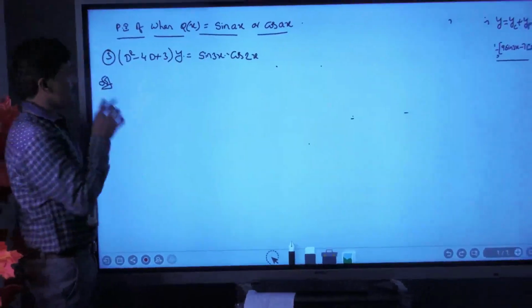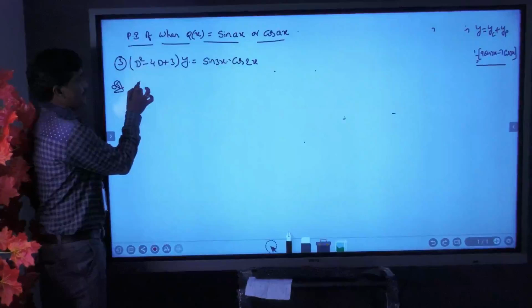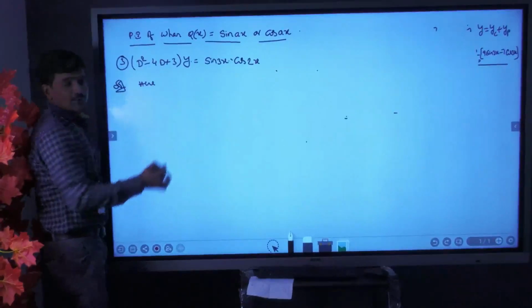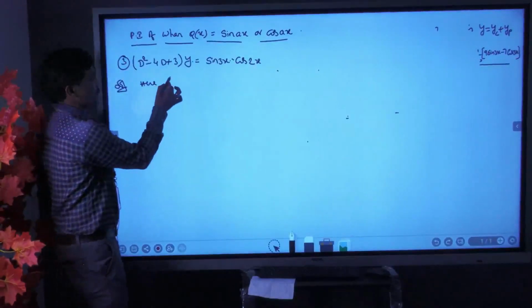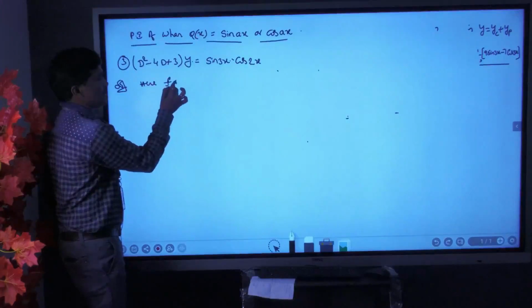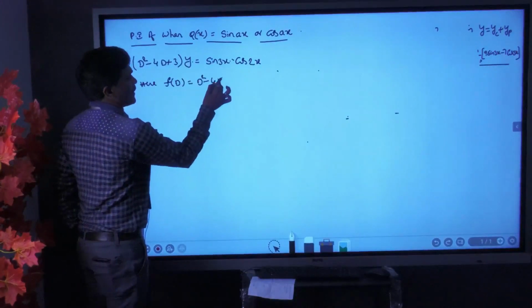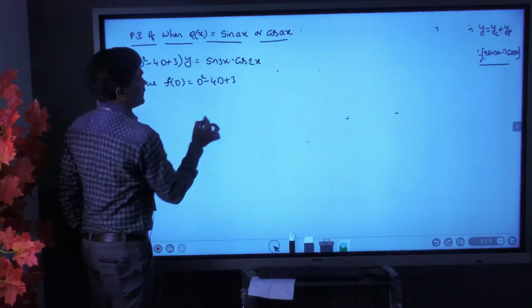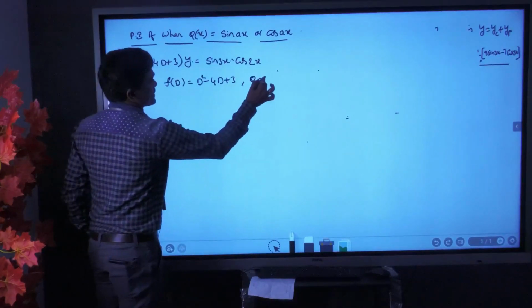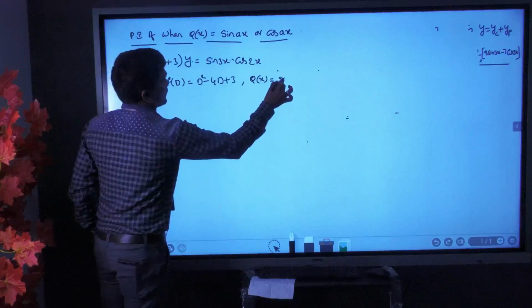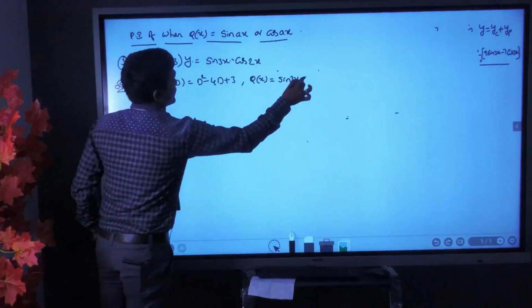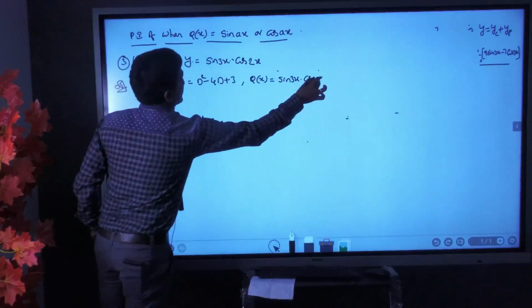First, find the complementary function. Here compare with f of d into y is equal to q. Then write 1 by f of d as d square minus 4d plus 3, and q of x is equal to sin 3x into cos 2x.